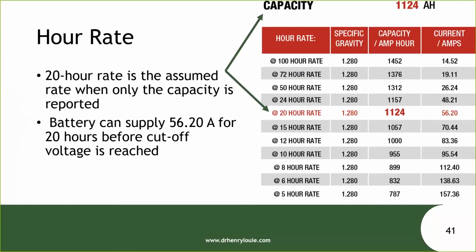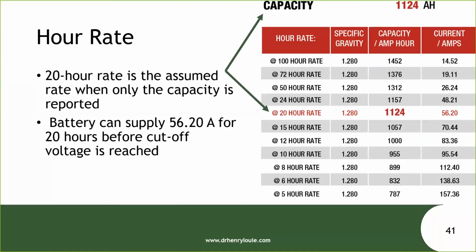And so if you look at a battery spec sheet, then you'll see a table or a chart that tries to provide this information. So this battery shown here is called a 1,124 amp hour battery, but of course that only corresponds to one particular discharge scenario. And by default, the capacity is reported in reference to the 20-hour rate.